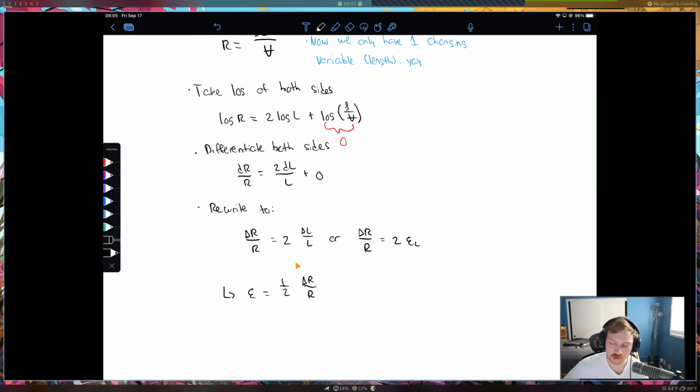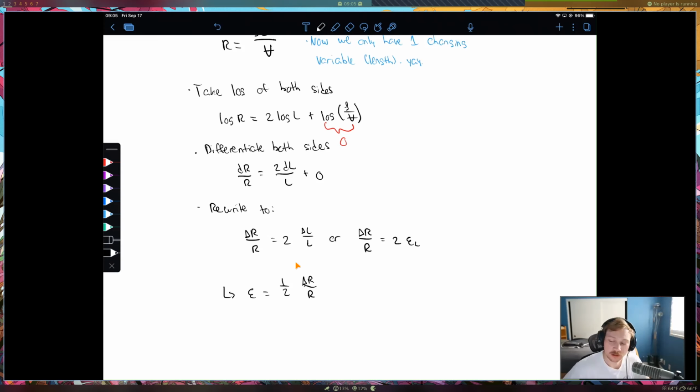So strain is going to be equal to 1 over 2 multiplied by the change in resistance over the resistance of our wire. And for the millionth time, this is done in the background in the software. But it's good to know what it's actually doing, right?